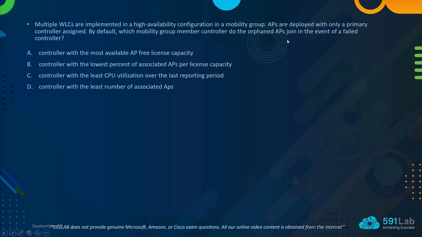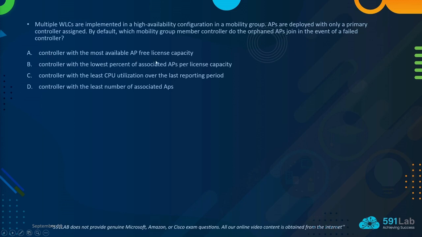An orphan AP means an AP that does not have a controller at the moment. It could be that it got disconnected from its controller, or you just deployed it. So which controller will it choose?